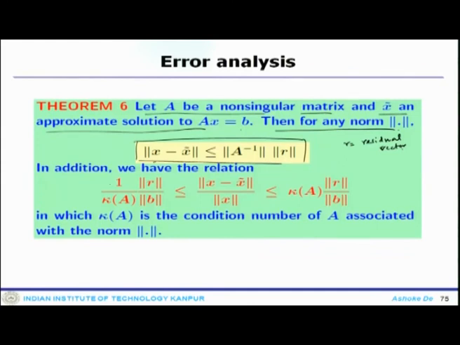Now, we have the relationship 1 by the condition number of A times the norm of R over the norm of b, less than or equal to this, where K is the condition number and is associated with the norm.